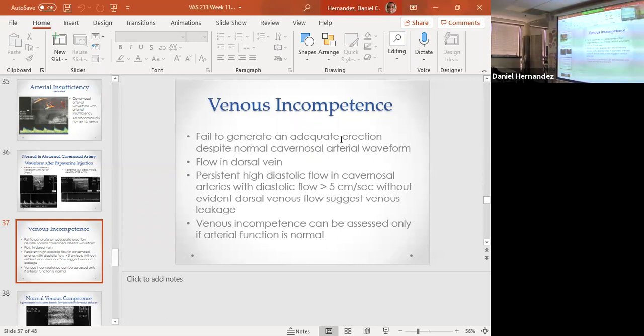Some of the things that can potentially indicate venous incompetence would be persistent high diastolic flow in the cavernosal artery, with diastolic flow greater than 5 centimeters per second without evidence of dorsal venous flow. Suggests venous leakage.